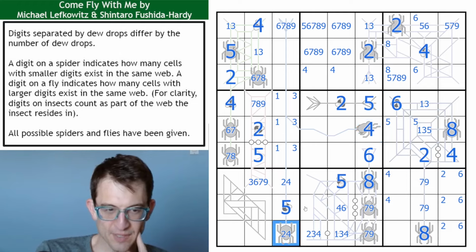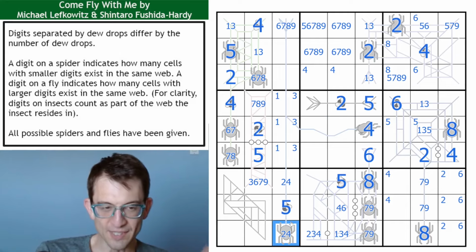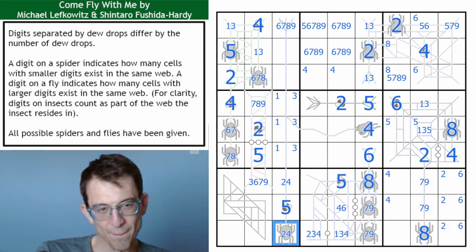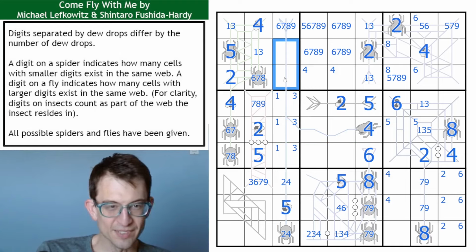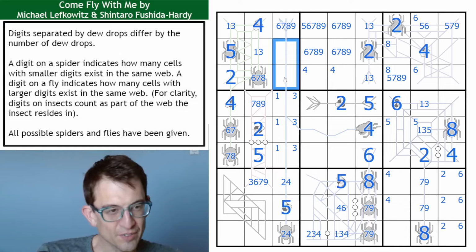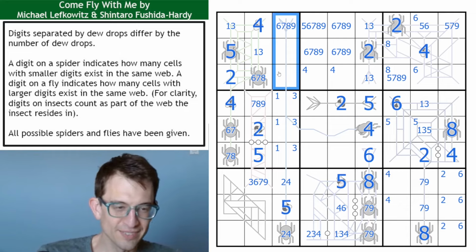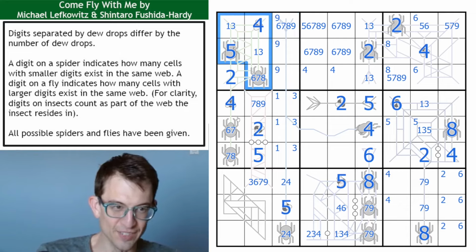This web needs that this contains 1 less than this. Otherwise, I think it's good. And I can't have 1 and 3. Oh my goodness, this is tough. Oh, I need a 9 here because there's no 9 here.